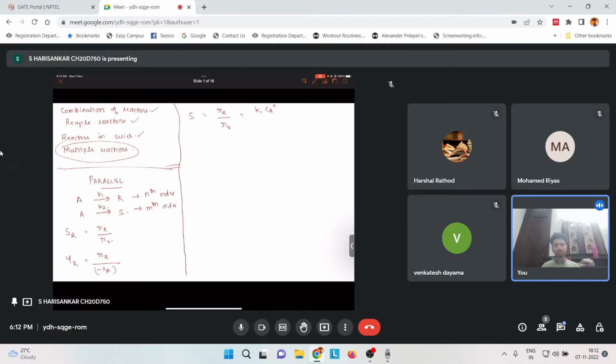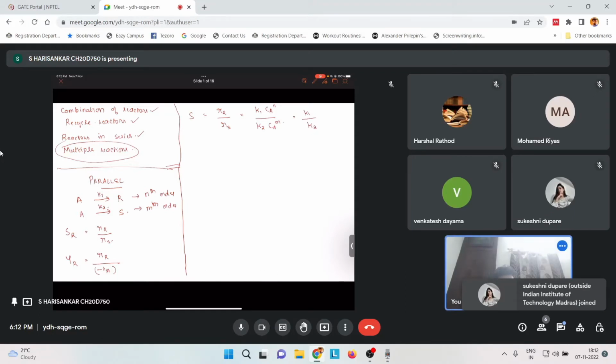Okay, so just for namesake. So RR will be K1 Ca raised to N and RS will be K2 Ca raised to M. So this will be K1 by K2 Ca raised to N minus M.